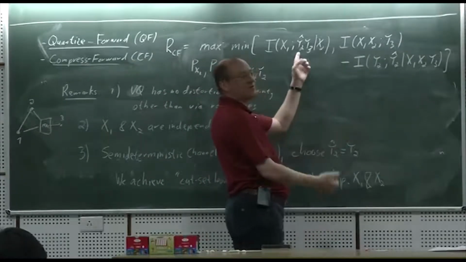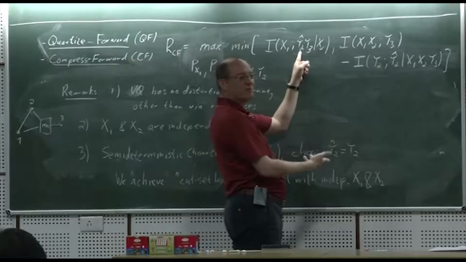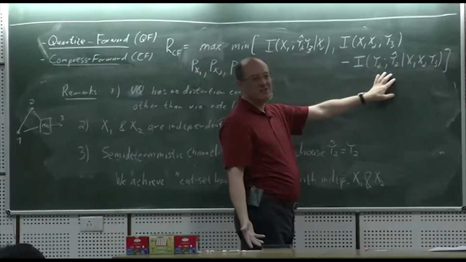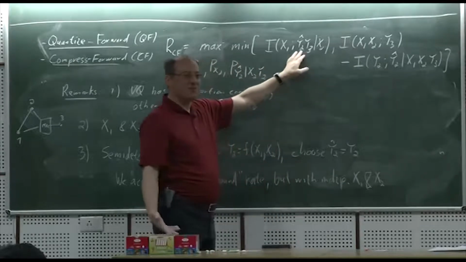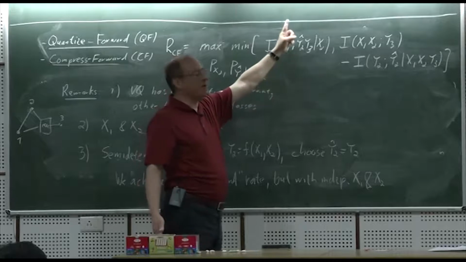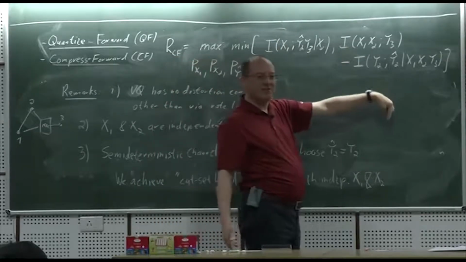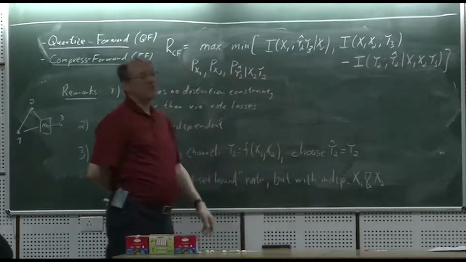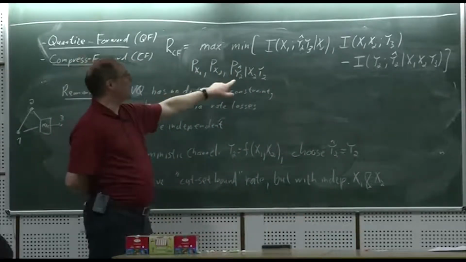Well, yes, but on the other hand, it's the trade-off. Here you want it to be very precise. Here you don't want it to be too precise, you see. So we do want y2 hat to be as accurate a representation of y2 as possible in order to make this go up. But then we pay a price here. Exactly, it's a trade-off, whichever is the dominant.